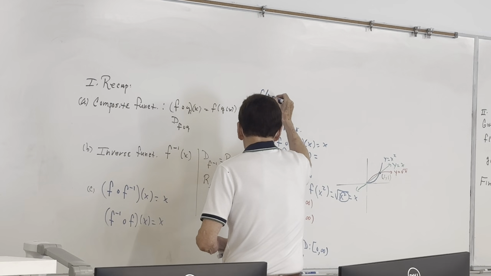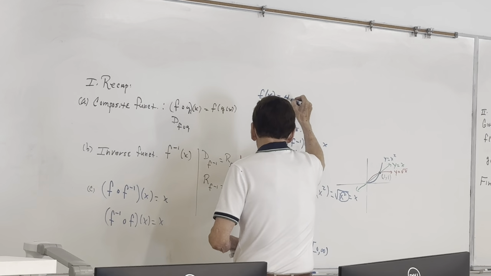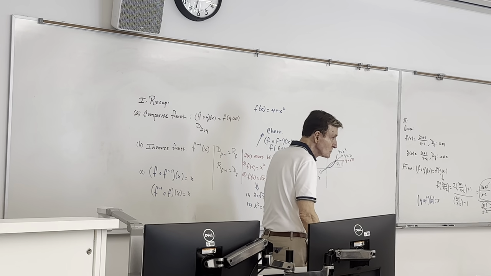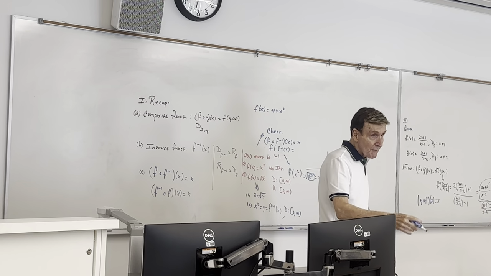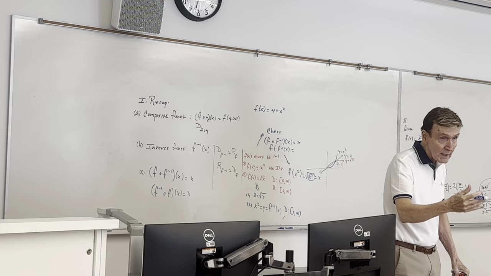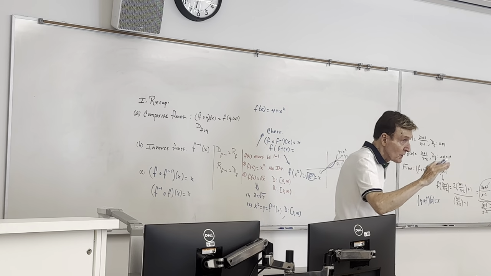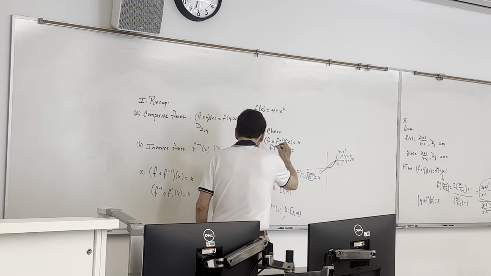Again, if I leave all this in my little recap, all of a sudden you see this given to you. And you know it's going to graph into a parabola, vertically shifted up 4. And all of a sudden you see it on the quiz or the exam.